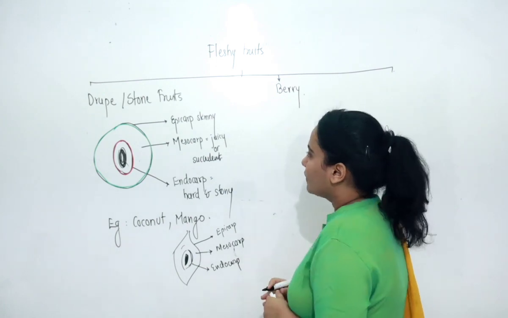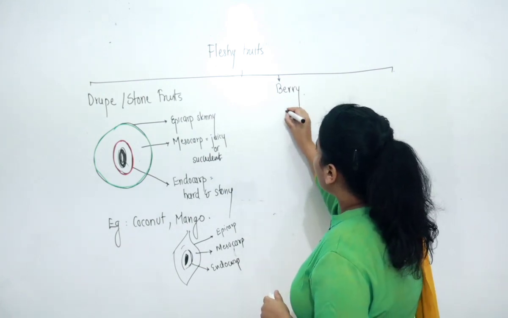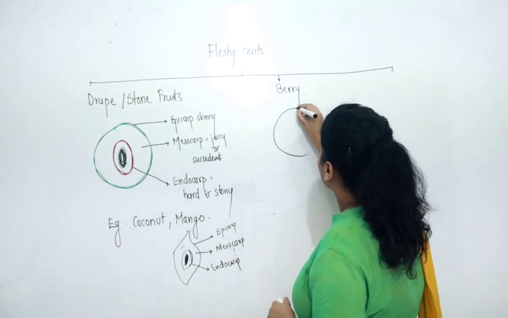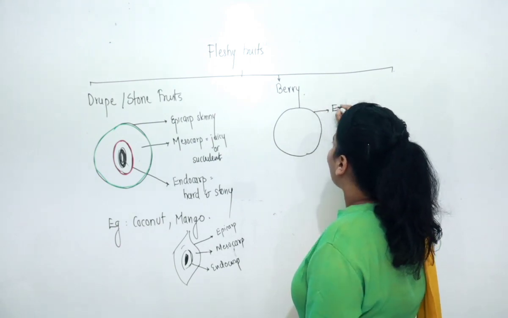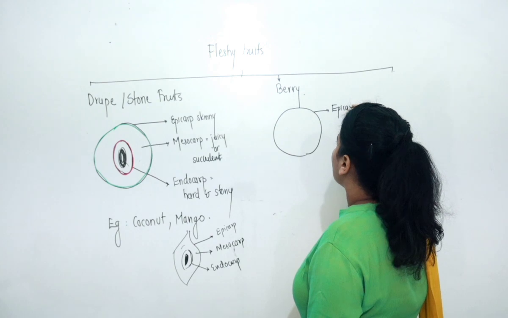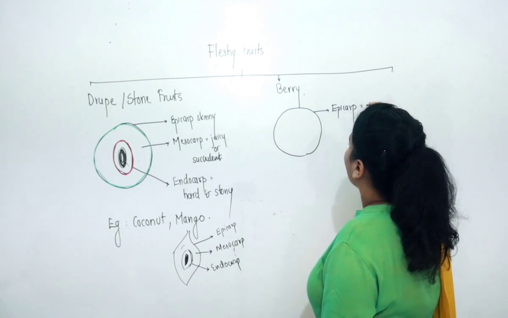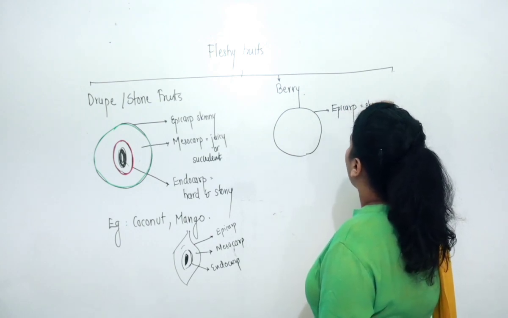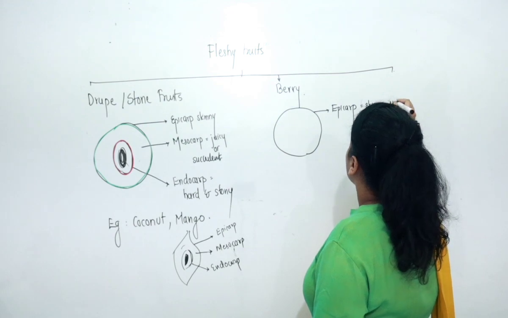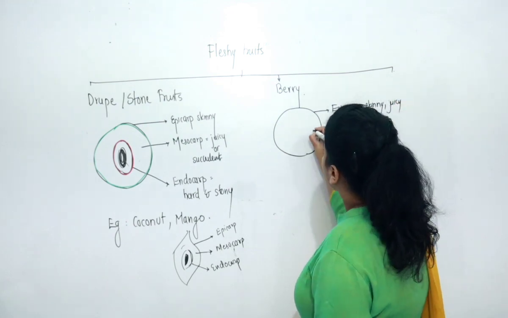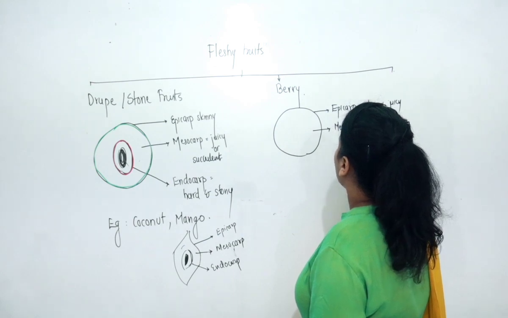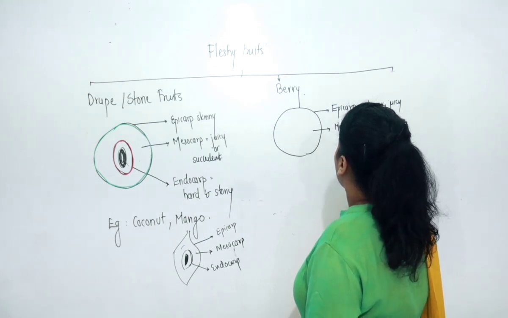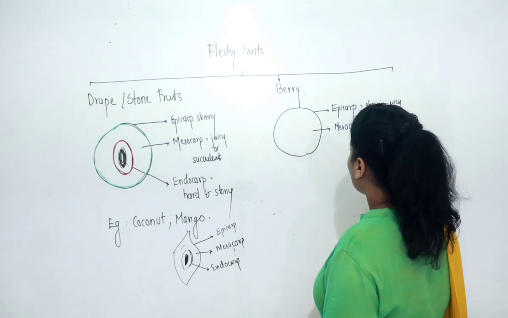Now further we will talk about another kind of fruit, and this is the berry. If we talk about berries, the outermost layer of the pericarp is known as the epicarp. Here the epicarp is skinny as well as juicy. Then comes the second part, the mesocarp. Here the mesocarp is also pulpy or juicy.